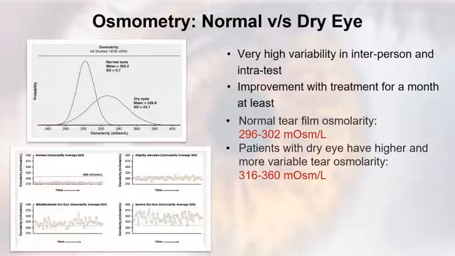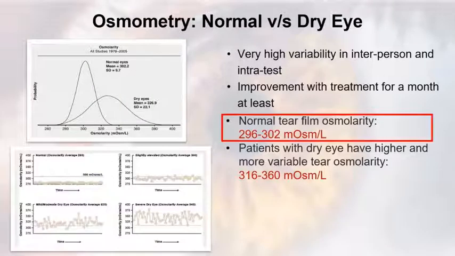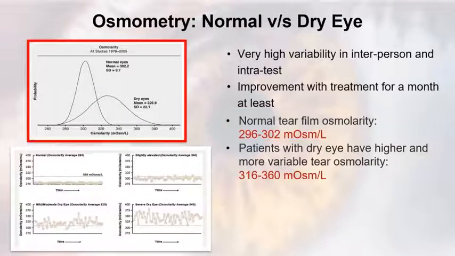When the osmolarity is checked on the surface, the normal range we are told is somewhere around 300 milliosmol per liter. But if you look at the normal data also, there's a huge crossover between normal and dry eye cases. So a case with dry eye can have normal osmolarity, and a case with normal eyes can have abnormal osmolarity.